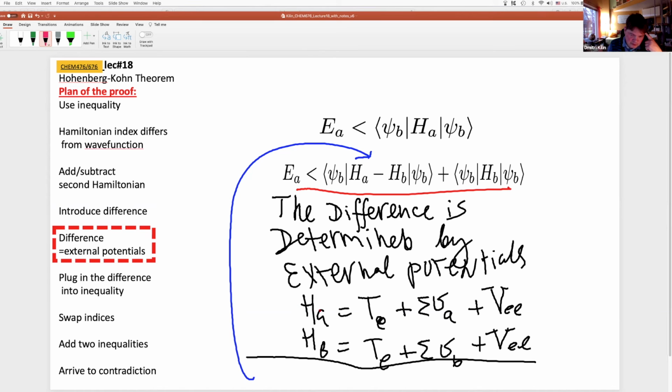So if Hamiltonian A and Hamiltonian B correspond to kinetic and electron-electron, and the only non-equal terms are external potentials, then if we subtract, this will cancel.